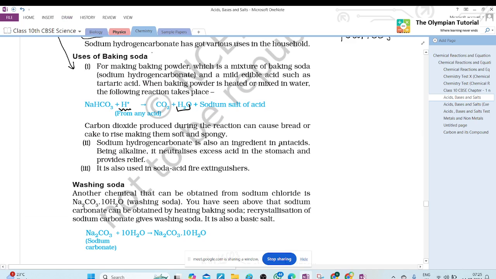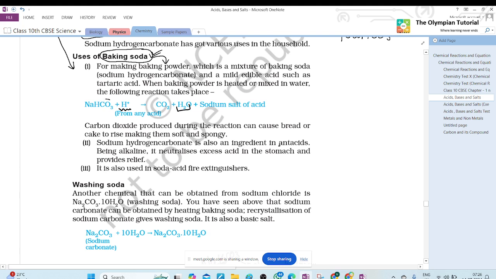So uses of baking soda, sorry, one second students, here they are telling about baking soda. So from baking soda we get baking powder. Have you ever heard about baking powder? Usually that is more ideal for baking cakes. Yes, for baking cakes it is more ideal. Why?